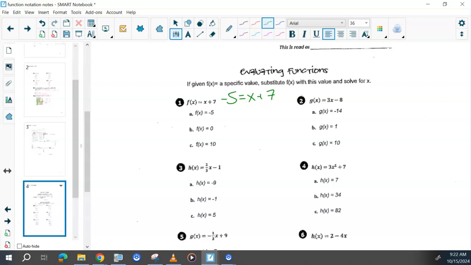How would I do that? Subtract 7. So that x equals what value? Say again. -12. Now you can write it as x equals -12 or f of -12. Either or.